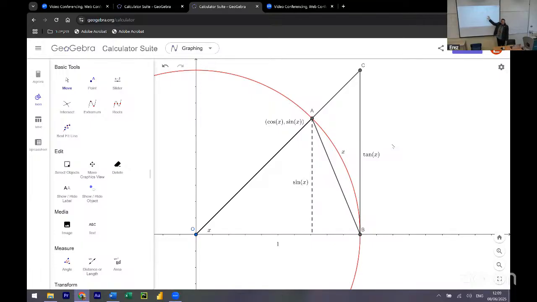In any case, the length of BC is the tangent of x, and as x goes to pi over 2, that length goes to infinity. That's exactly the geometrical interpretation of the tangent. It's also a reason, if you put the spotlight on it, why it is called the tangent.